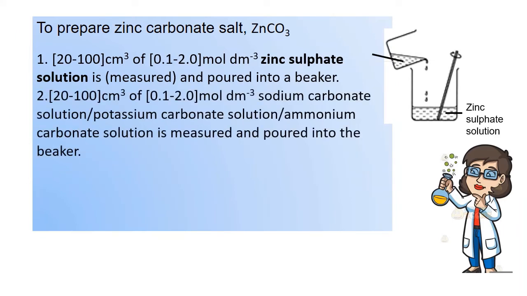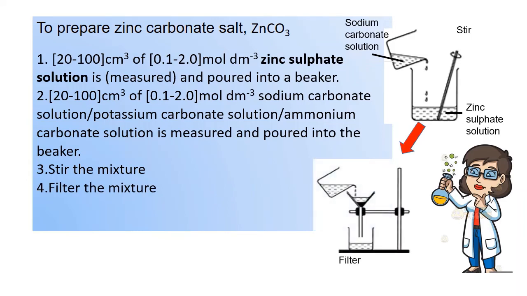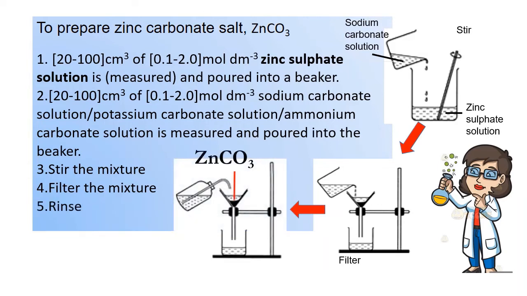Second, 20 to 100 cm cubic of 0.1 to 2 molar sodium carbonate solution or potassium carbonate solution or ammonium carbonate solution is measured and poured into the beaker. Number 3, stir the mixture. Number 4, filter the mixture. And finally, rinse. Then you get zinc carbonate salt.